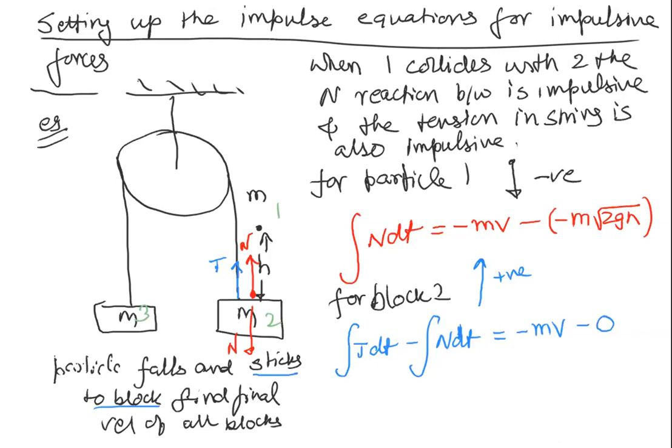momentum. For block 3, I will assume that नीचे वाला डायरेक्शन ही नेगेटिव है जैसे हम करते आ रहे हैं. इसके ऊपर अपवर्ड टेंशन इंपल्सिव लगा है, तो इसके लिए जो मैं इक्वेशन लिखूंगा वो लिखूंगा माइनस इंटीग्रल T dt is equal to final momentum minus initial momentum.